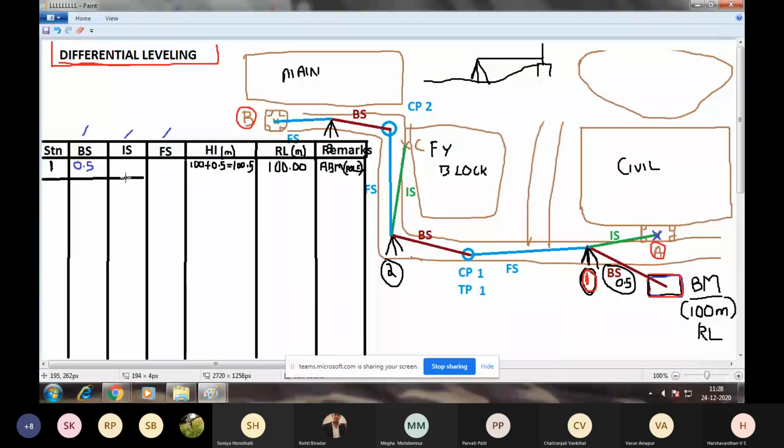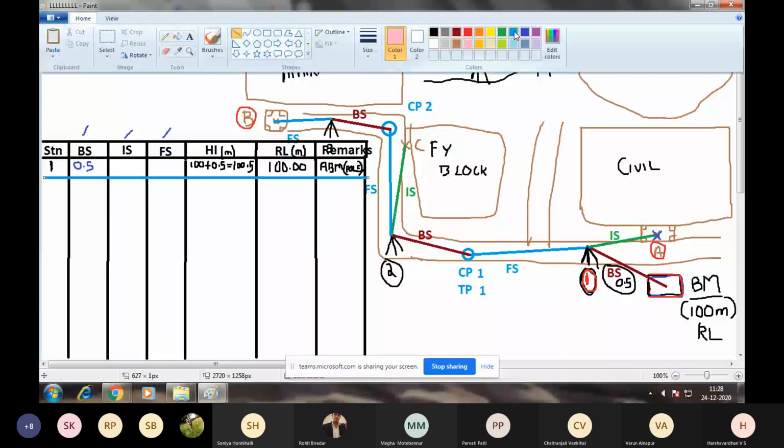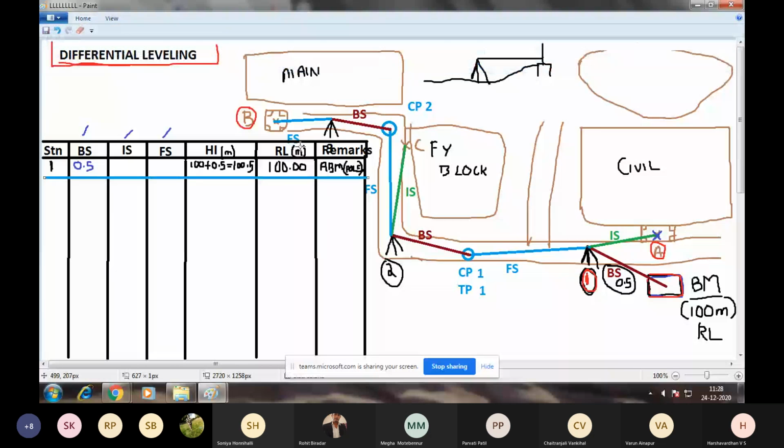So wherever I have an instrument point, I have to write this. I'm setting up my instrument here. Okay.